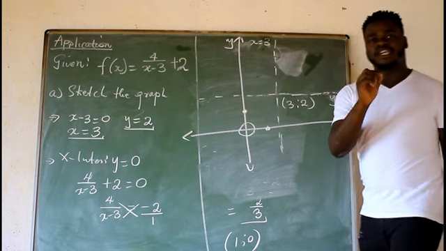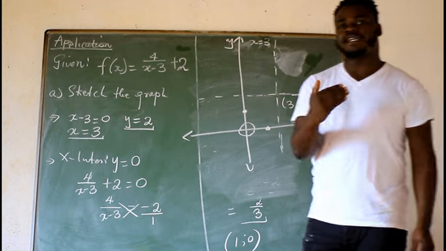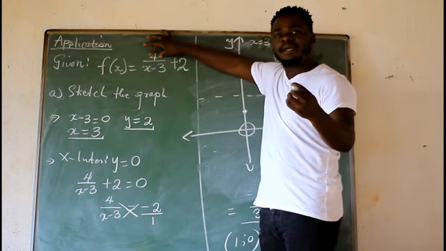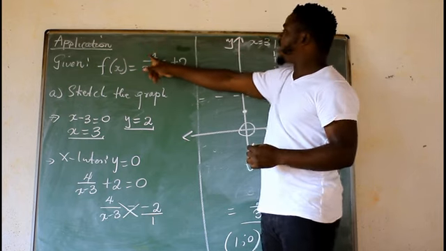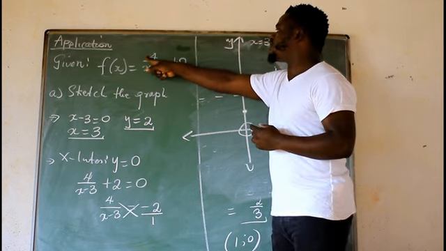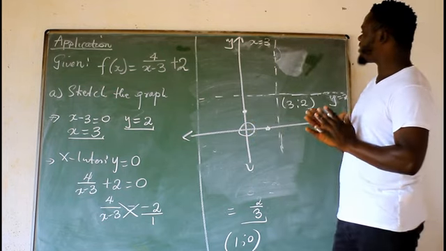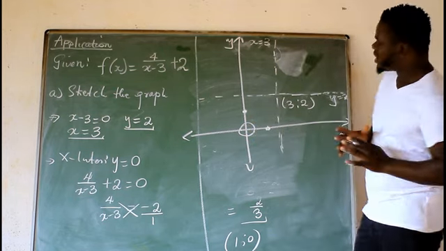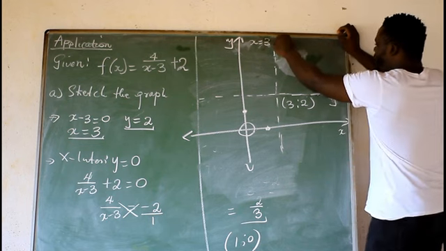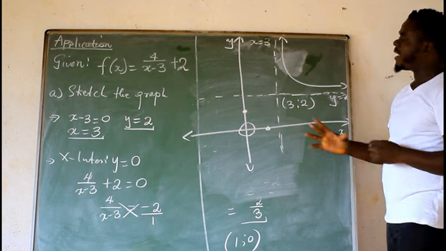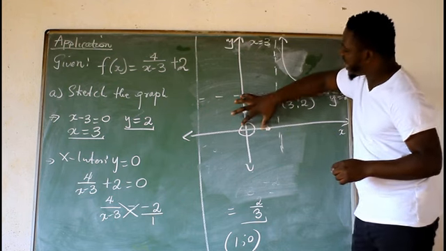Now, you go and check the position of the graph. The position of the graph is determined by the value of A. Now, the A is positive. I told you that whenever A is positive, the graph is going to lie on the first quadrant and the third quadrant. If ever you can check, this is your first quadrant. That is your first quadrant. Now, your third quadrant is this part.